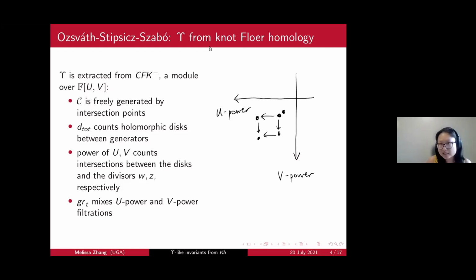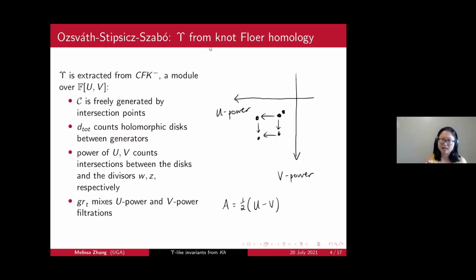I can slightly modify this, and for those of you who are familiar, knot Floer homology categorifies the Alexander polynomial. So the Alexander grading is like the analog to quantum grading on the knot Floer side. And the Alexander grading, I believe, is 1/2 of the U power minus the V power.